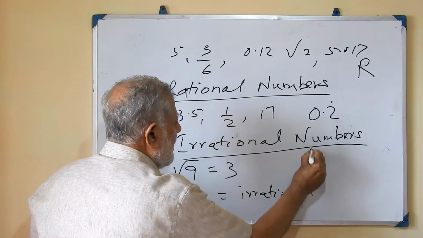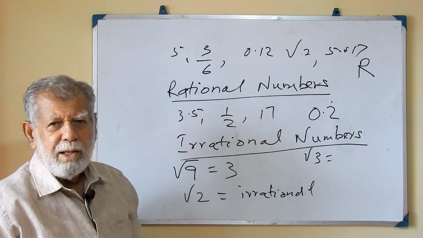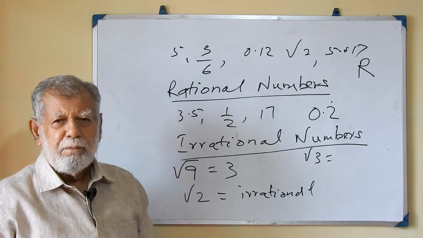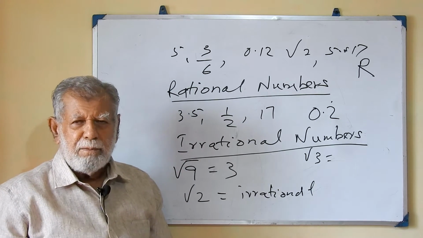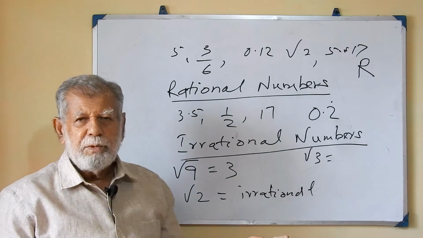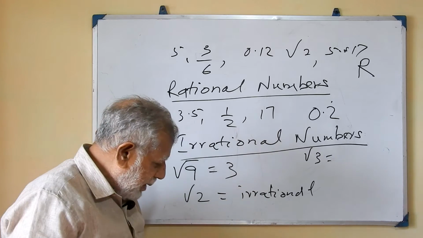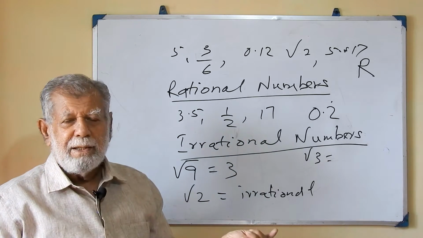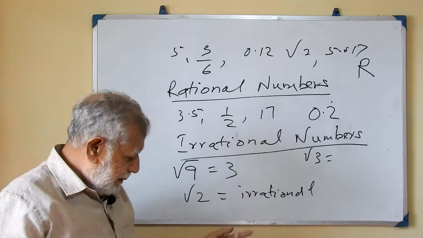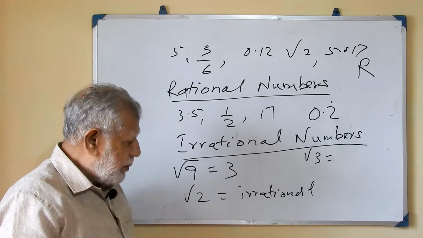Similarly, root 3. We can't find two numbers which, when multiplied, will come to 3. Like that, mostly it will be prime numbers. Root 7, root 5, root 13. We can't find two numbers that will multiply to give that number.